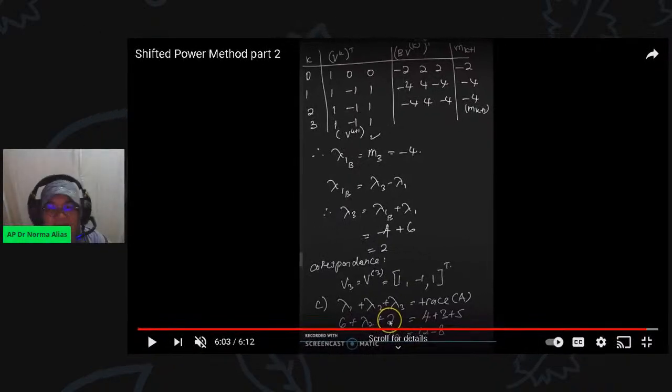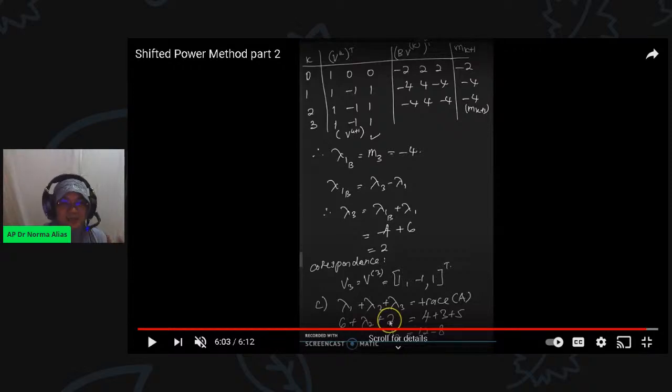How to get lambda 1 again? I want you to focus here. My question is how to get lambda 2. Lambda 2 is an eigenvalue between the minimum and maximum.